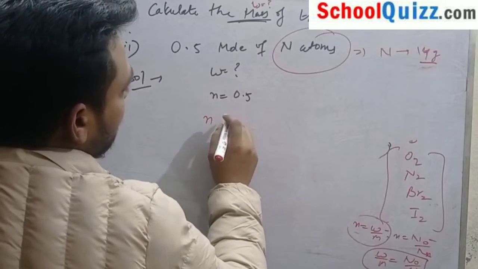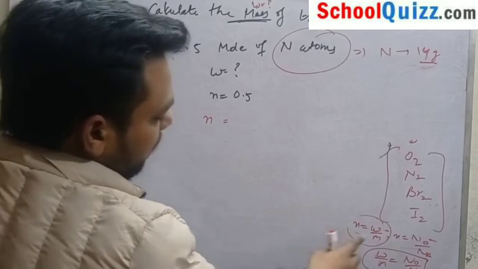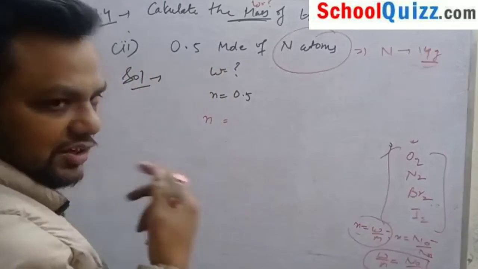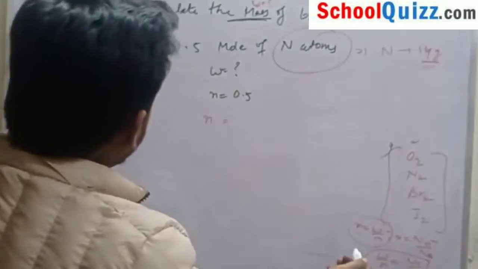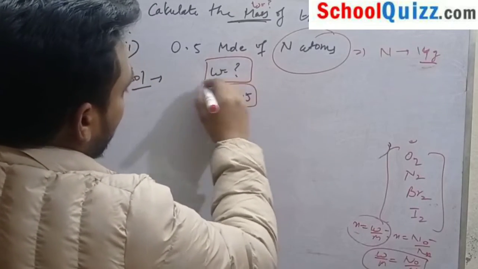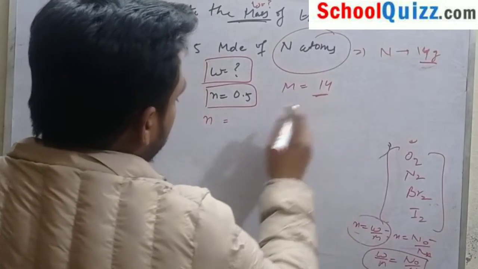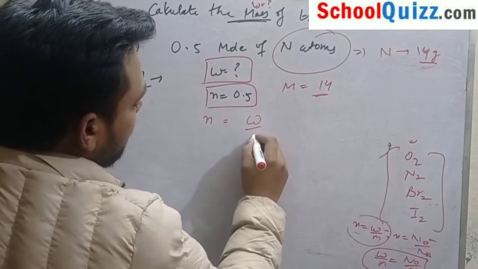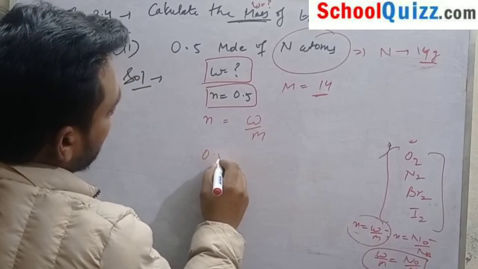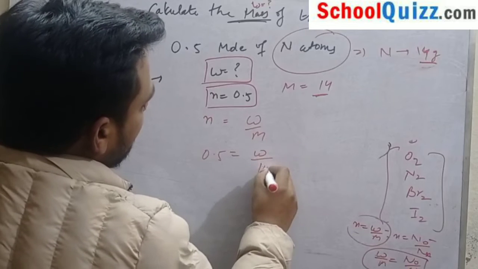So here we will apply the formula which will satisfy our needs. n is given 0.5, W we have to find, and the molecular mass we know. So we apply n equal to W upon M, where n is 0.5, W we have to find, and M is 14.